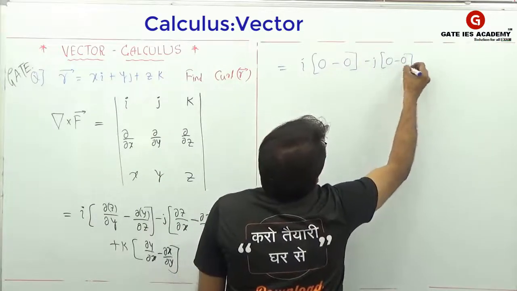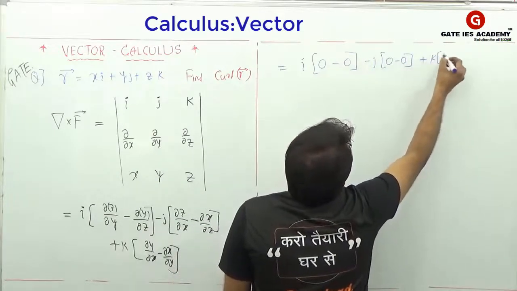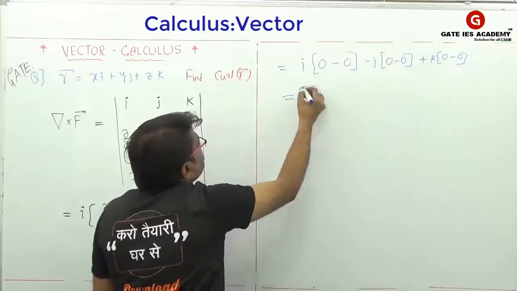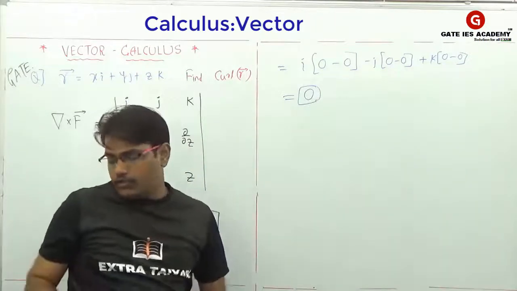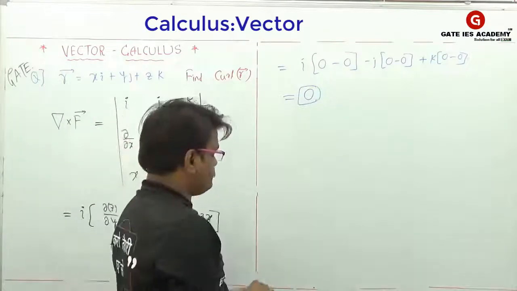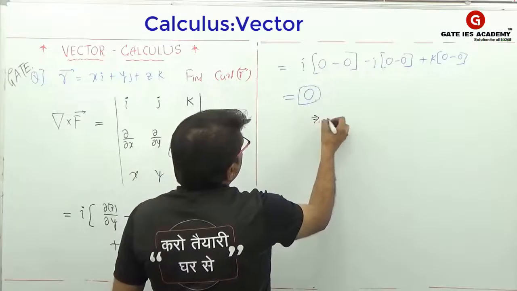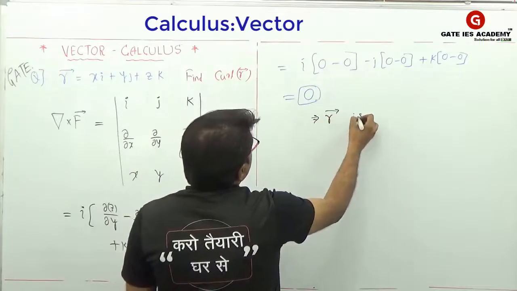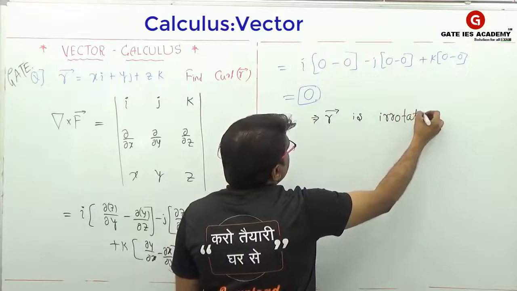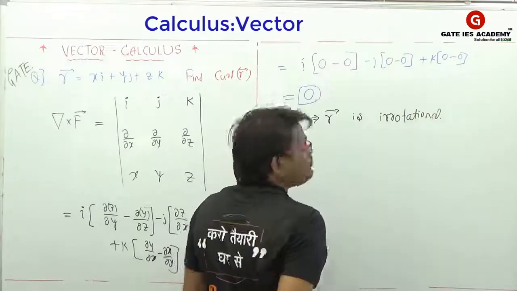This is also 0 minus 0, 0 minus 0. So it will be 0 finally. Therefore, you can say the position vector is irrotational. R bar is irrotational, right?